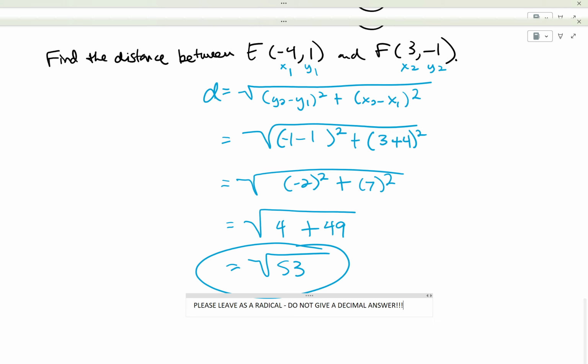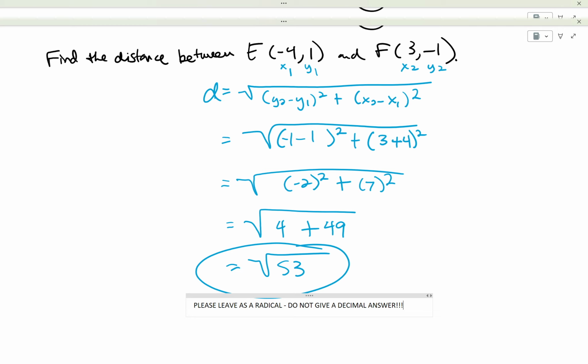I will not be impressed that you can punch square root of 53 into a calculator and then spit out that this thing is 7 point blah, blah, blah. I don't care. The most accurate version of that answer is rad 53. Why do more work? I'm asking you to leave it as this. This is the exact answer, and that's what we're after here in mathematics. I'll give you guys a little bit more on that in class, and we'll talk about the Pythagoreans and why we have radicals in the first place.